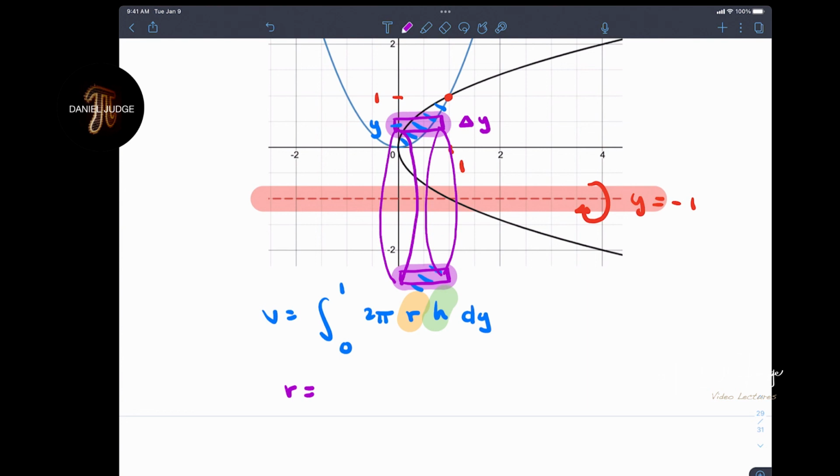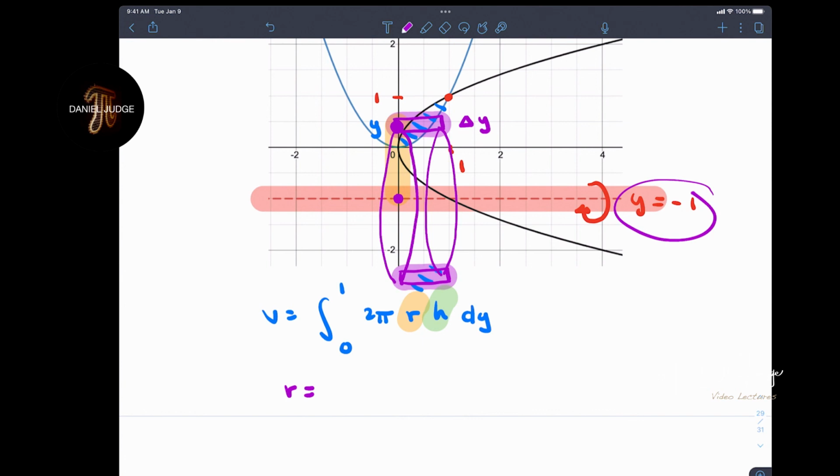Now let me share with you why. The radius value, if we revolve about the line y is -1, remember how we find a vertical distance? That's top minus bottom. So this point here is y. This point over here is y is -1.